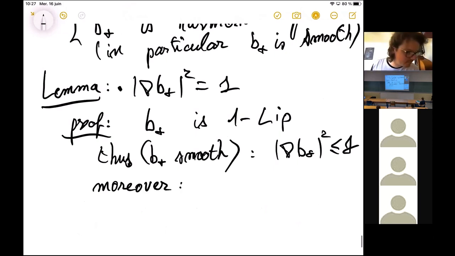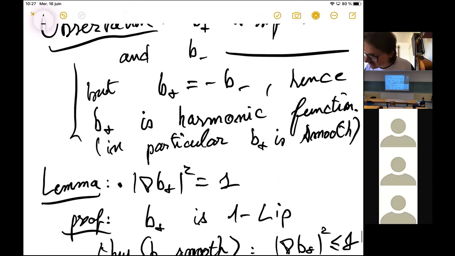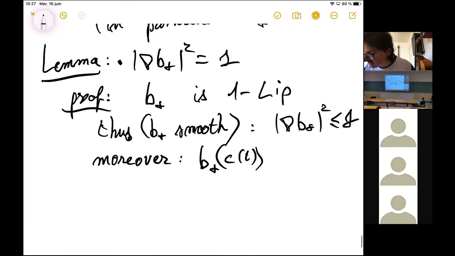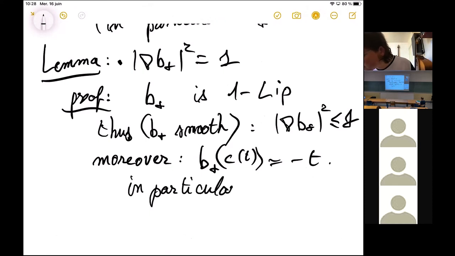And moreover, if you compute b plus of c of t, that's more or less the same computation that we did here, you will see that it is minus t. So there's a point where, in particular, the gradient of b plus at the point c of t has norm 1.